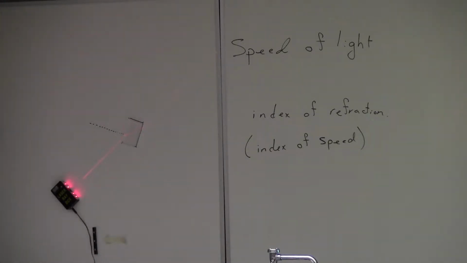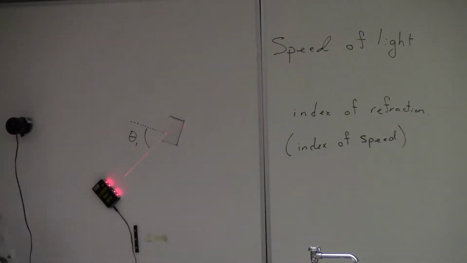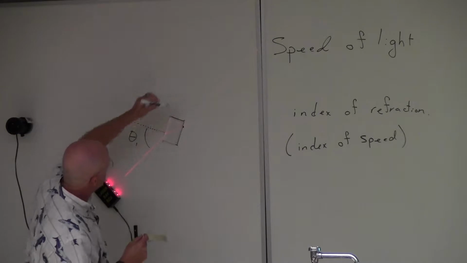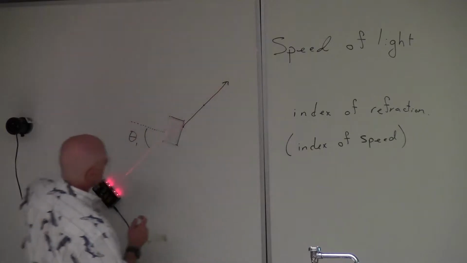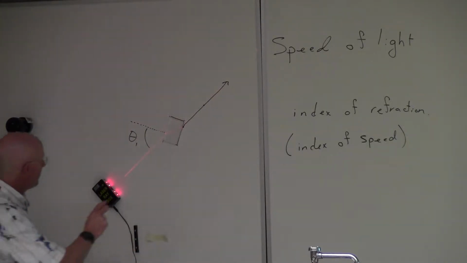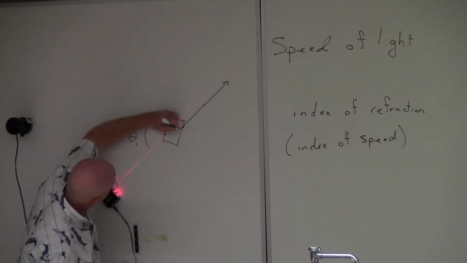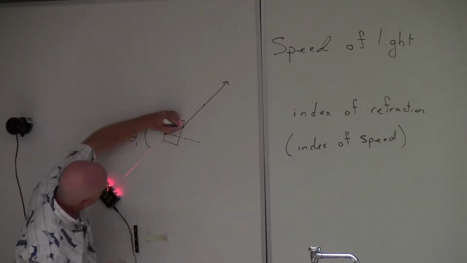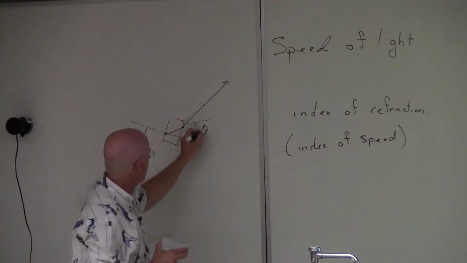I will draw a normal perpendicular to the surface. Let's call that theta 1. And where we left off was this. If you mark right here and right here, then the beam is currently going in that direction. But in order to get there, through this glass block, it had to go this way. If we draw the normal on down, and the direction of that ray, I'll call that theta 2.